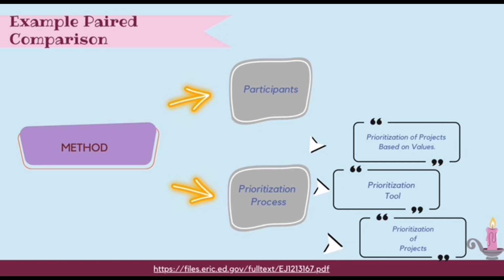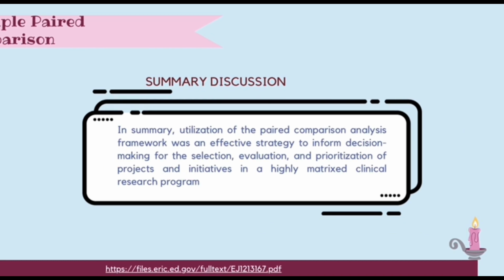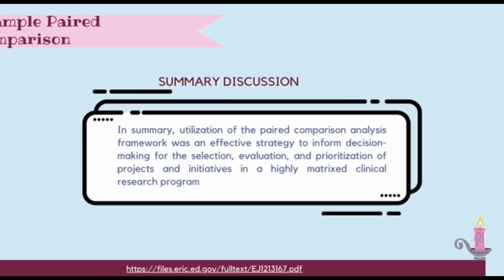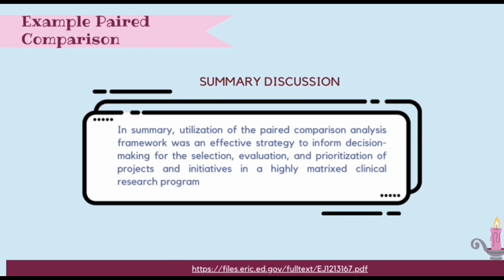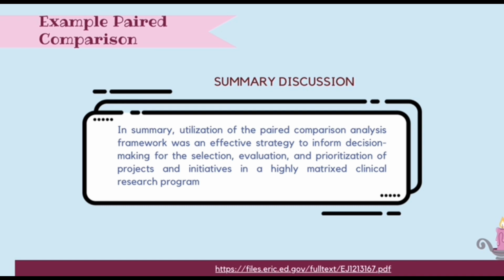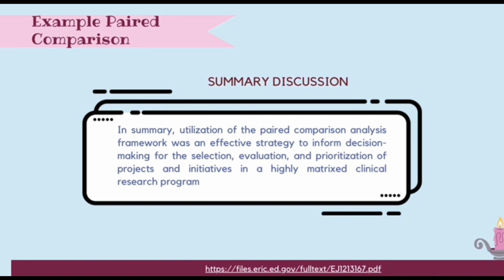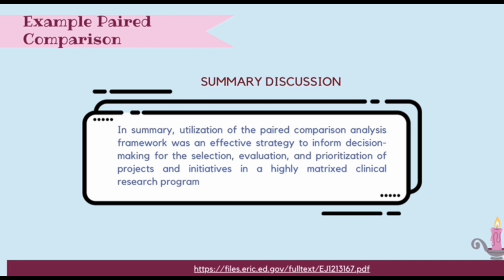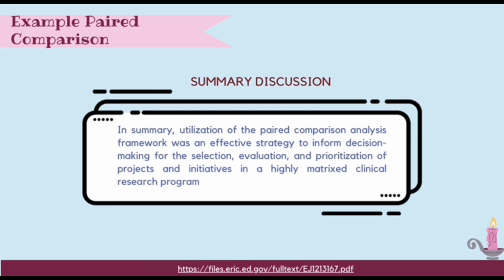And the last prioritization process is prioritization of projects. In summary, utilization of the pair comparison analysis framework was an effective strategy to inform decision making for the selection, evaluation, and prioritization of projects and initiatives in highly matrixed clinical research programs.